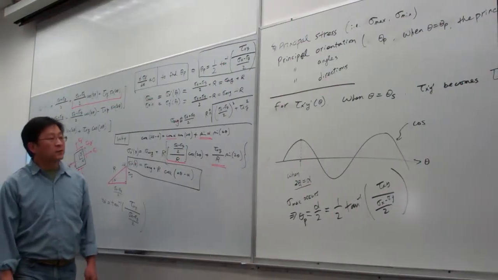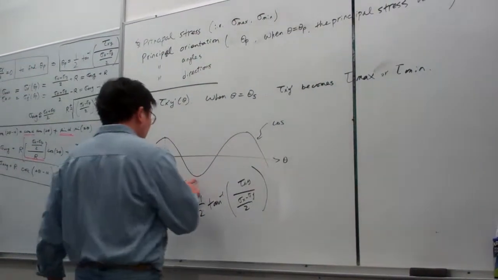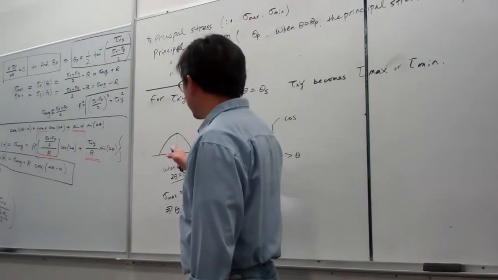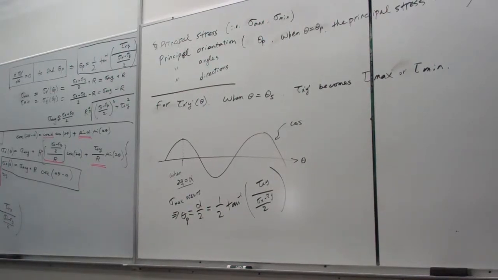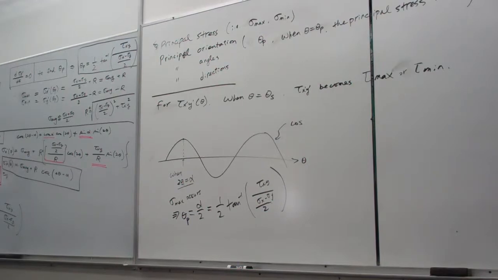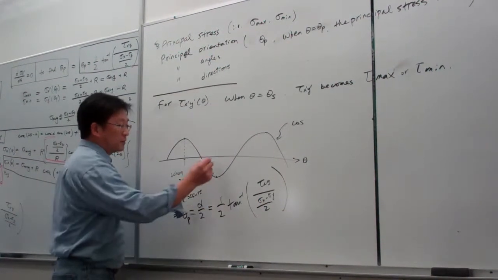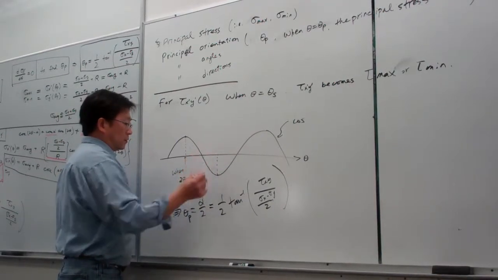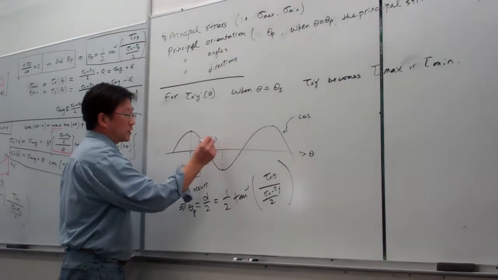Okay. And so now for this case, what is the minimum value? The minimum value occurs here. If we only take one cycle, then the minimum value, you use a different color, is at this point.